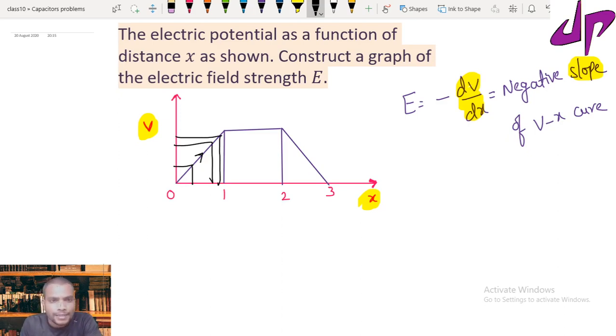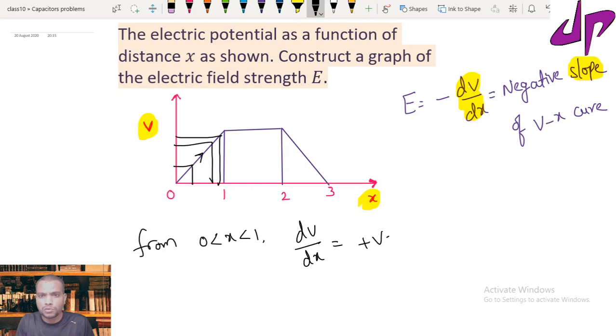So I can write that for 0 less than x less than 1, dV by dx has a positive slope, a positive constant. If dV by dx is positive, what about the electric field? Here the electric field E equals a negative constant.